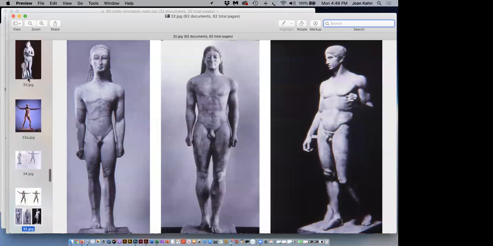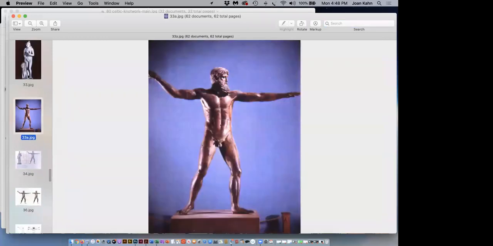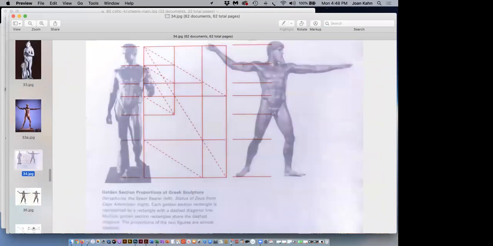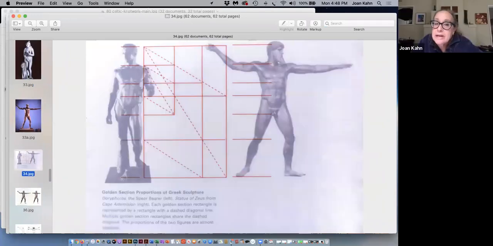These are all Greek. And finally, the diagrams that Leonardo da Vinci and Albrecht Dürer did using a Roman statue and diagramming it.